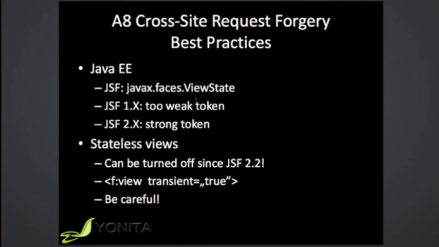In JSF version 1, those tokens were a little bit too weak and predictable, so it was vulnerable. In JSF 2.1, we have strong tokens. Be careful with the last addition to JSF 2.2 of stateless views, which turn off the secure view state tokens, which basically serve as cross-site request forgery tokens.